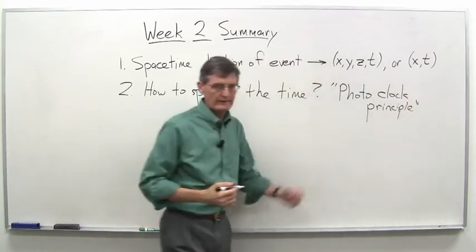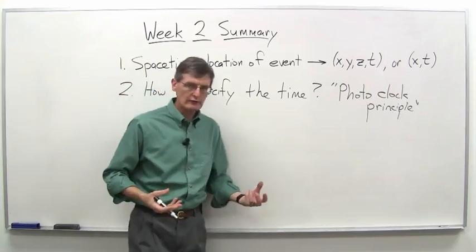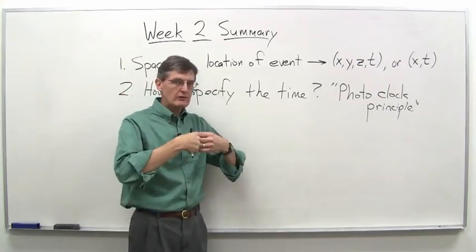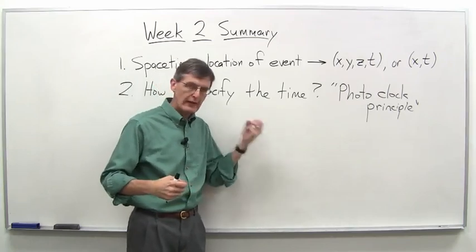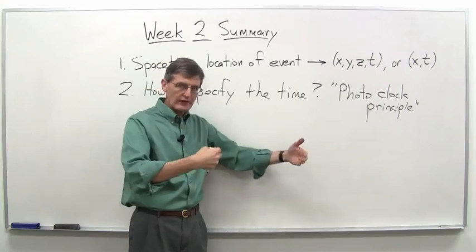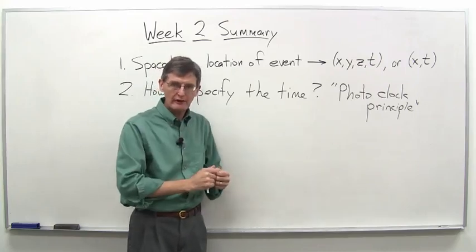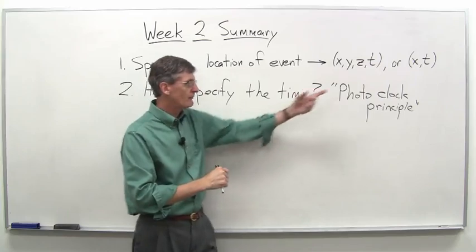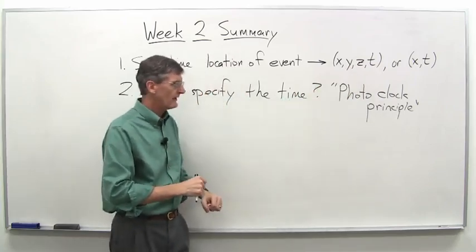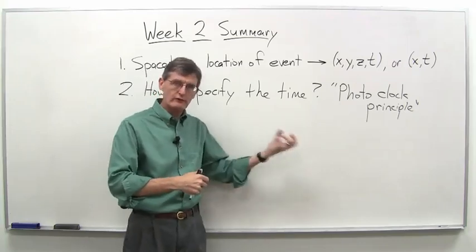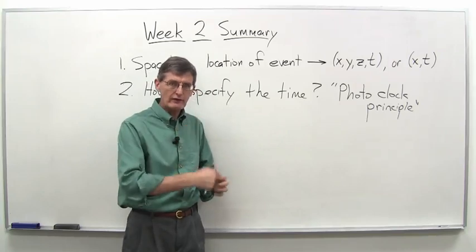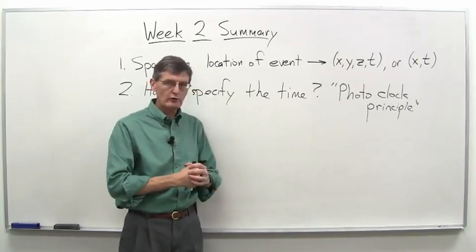And this is just my name for the idea, the photo clock principle. Again, the idea is you have imaginary clocks everywhere. At every single point, there's an imaginary clock. And when an event happens at that point, you record the location. Maybe it's inscribed on the clock, the exact location of it, the x value or the x, y, and z values. And then the clock is running, so you can take a photograph of the clock at that instant in time and read off the time later on when you want to do that.